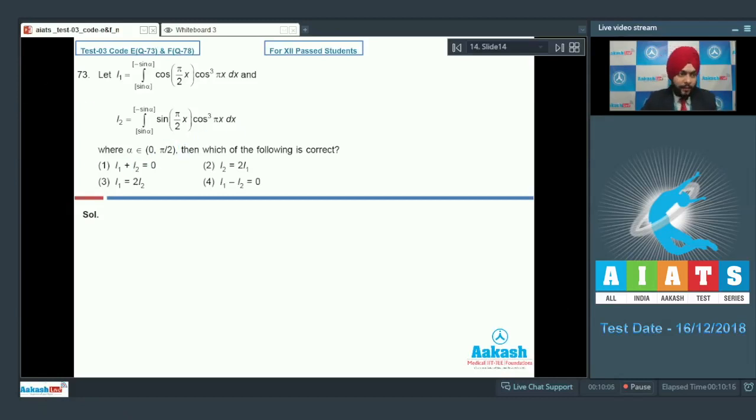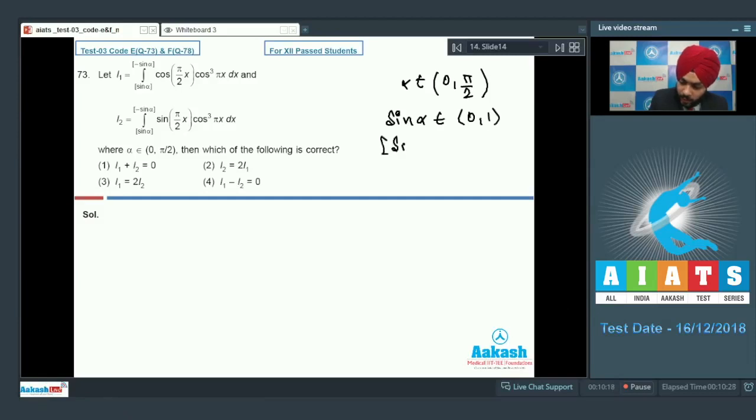If alpha is lying in the first quadrant, sin alpha lies between 0 to 1, both open. Then greatest integer of sin alpha will be directly equal to 0. Greatest integer of minus sin alpha will be directly equal to minus 1. So by looking at the interval of alpha, we can directly simplify the limits into numerical values.